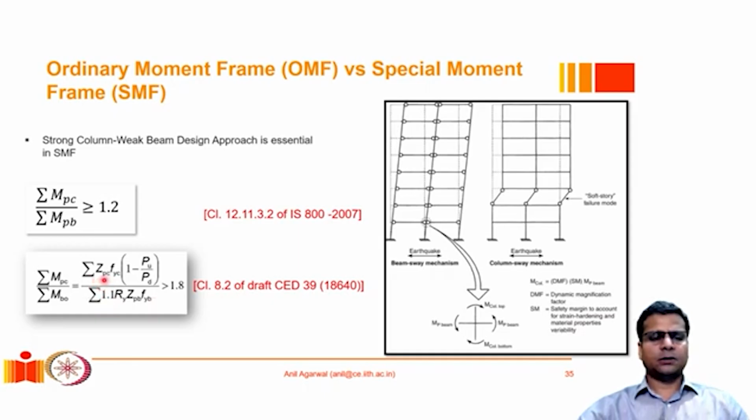Similarly, another formula is available for calculation of the capacity of the columns. So here you may see that this factor of Ry and 1.1 are not used because we want to be conservative. And in addition to that, the slenderness effect is also included, because if the slenderness reduces the capacity of the column, that effect is included by this factor. Okay?